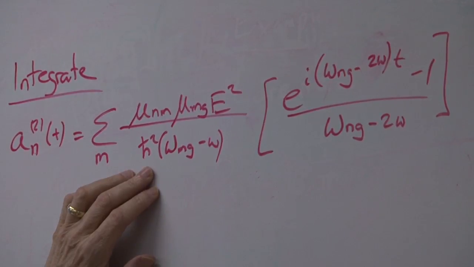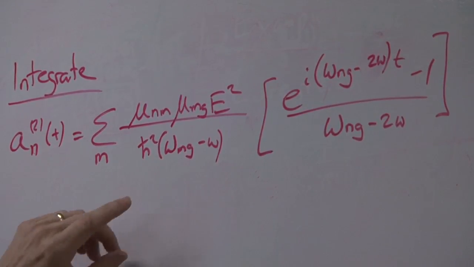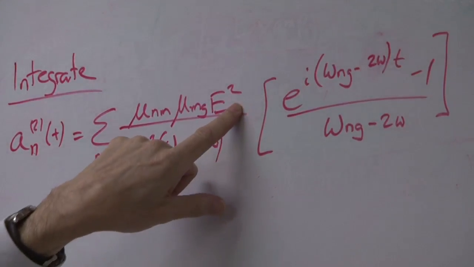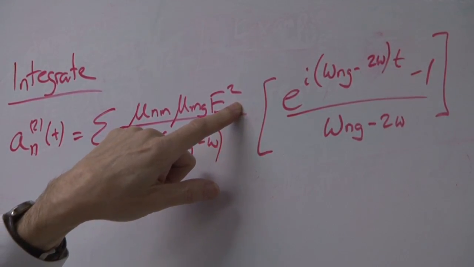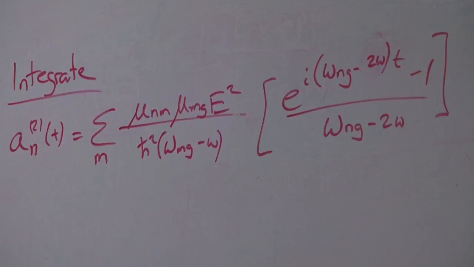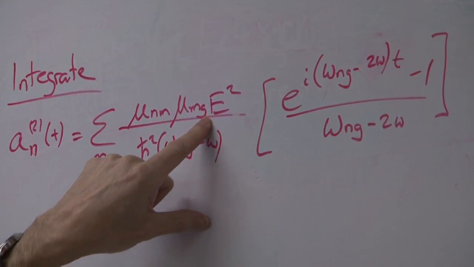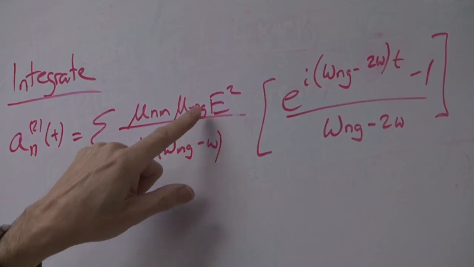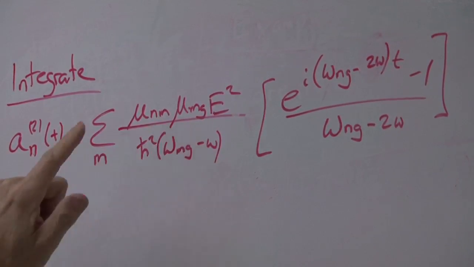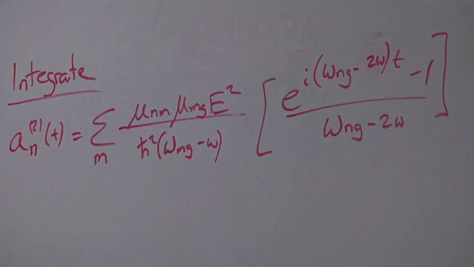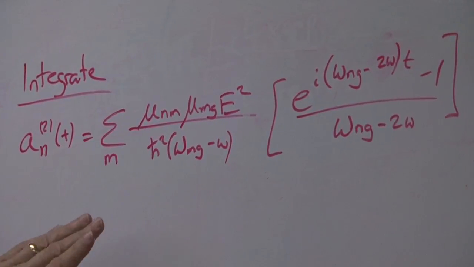What can we see now? It's second order. E appears twice. We're second order in perturbation theory. The matrix elements are linked together: G to level m, m to level n, just the way this diagram here shows it.